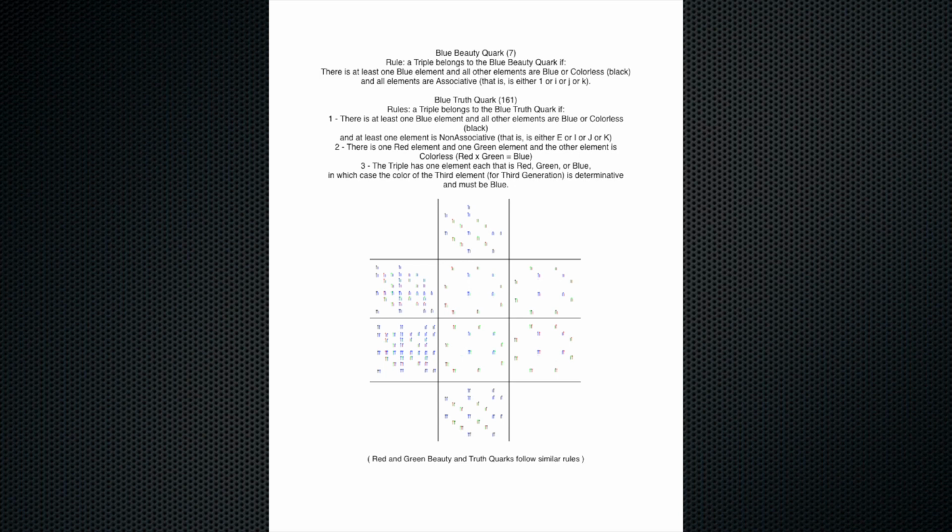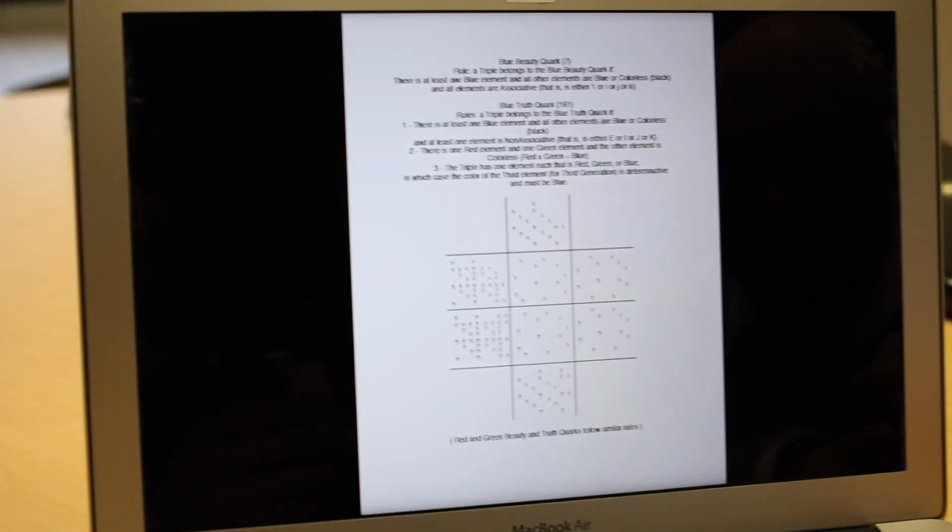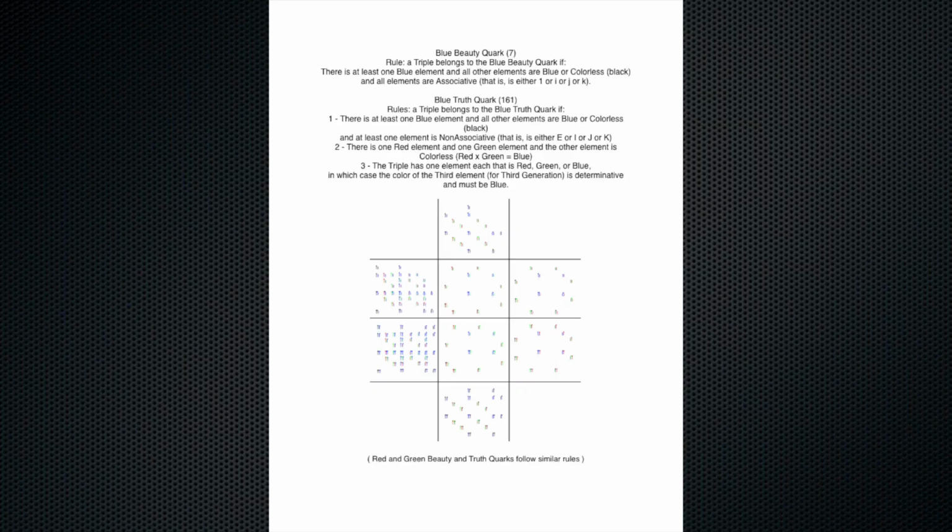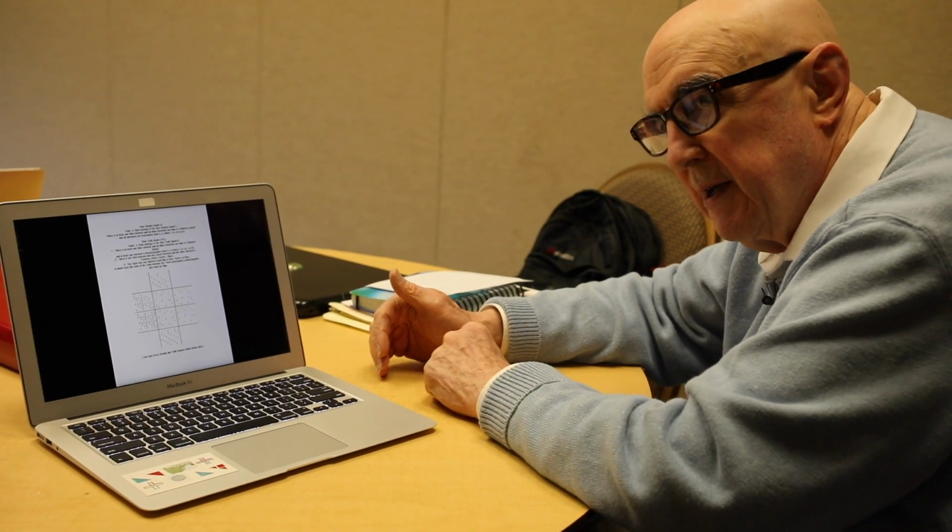And combinatorially, that's why the truth quark is so much heavier than the beauty quark. And for example, all these guys would correspond to one of the 3 colored red, blue, or green truth quarks. And that explains, it is the only explanation I've ever really seen, why the masses of the quarks are so different as you go up in generations.